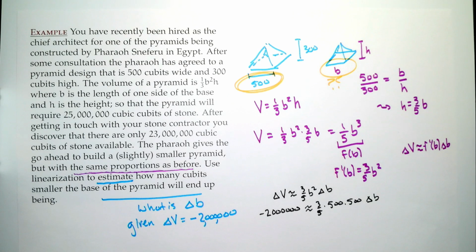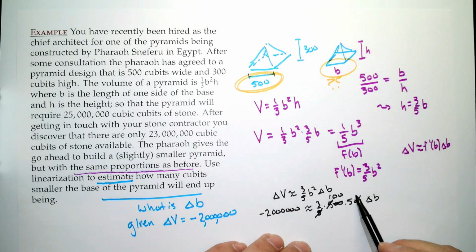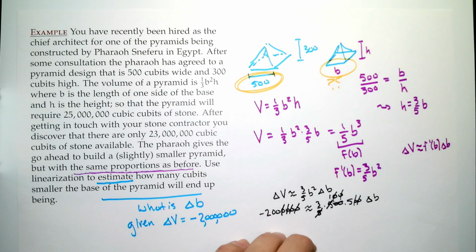Okay, let's hope things work out. The good news is 5 goes into 500. That's 100. 100 times 500, well, let's divide both sides by a lot of zeros. We're going to knock off 1, 2, 3, 4 zeros, so we divided both sides by 10,000. You just knock off zeros.